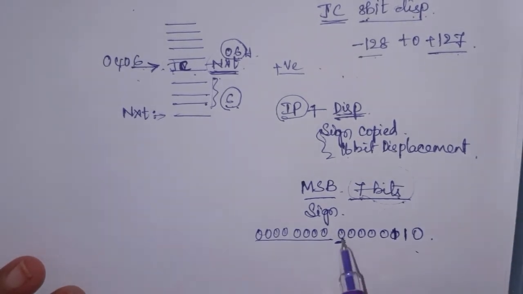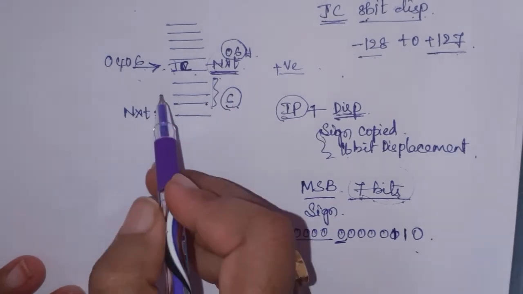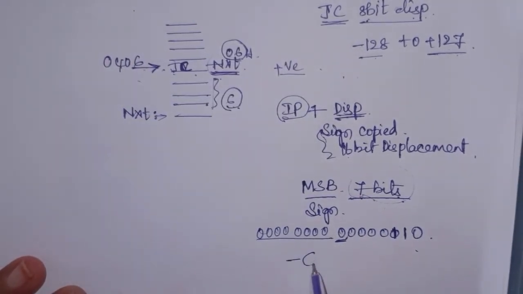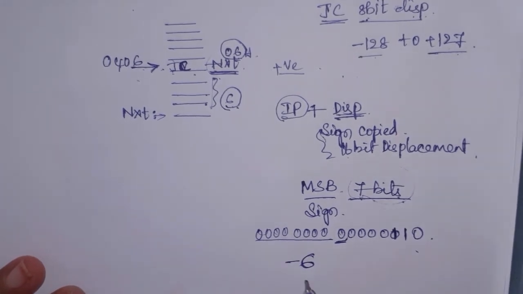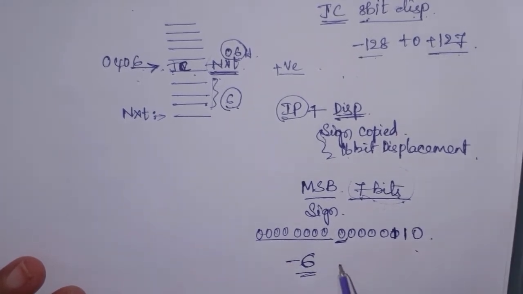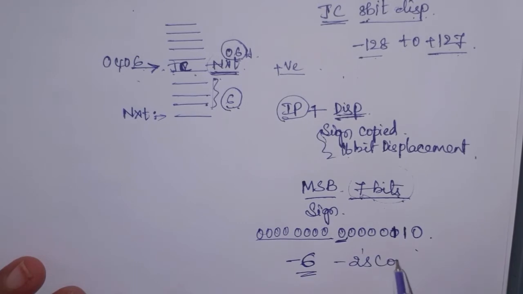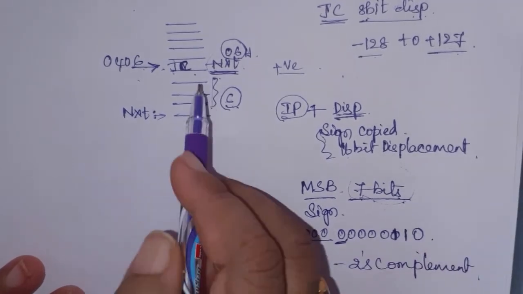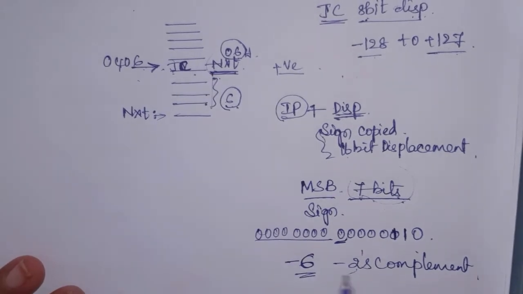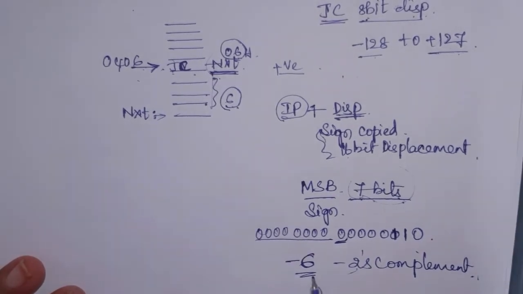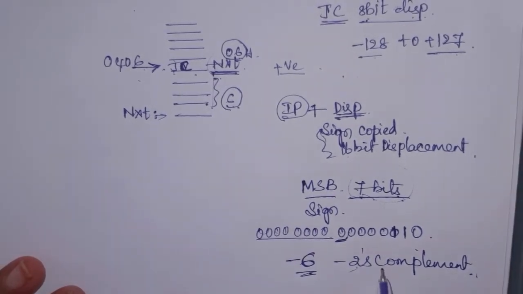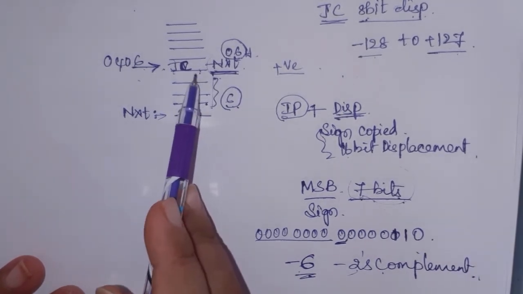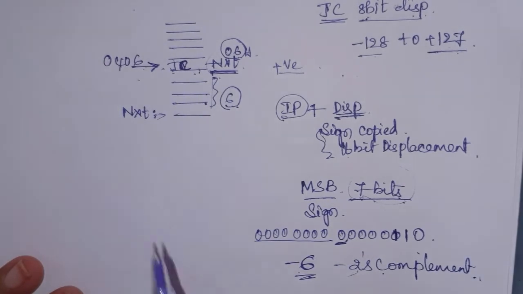Why signed? In case of a negative displacement, if it is a backward jump, say the displacement is -6, then -6 is represented in its 2's complement form. You should specify the negative displacement in its 2's complement form. That indicates that the jump is backward, not a forward jump.